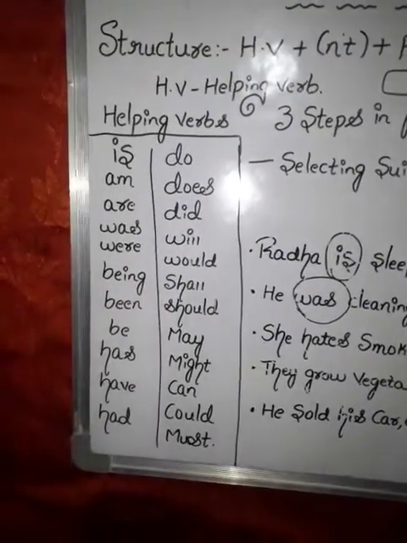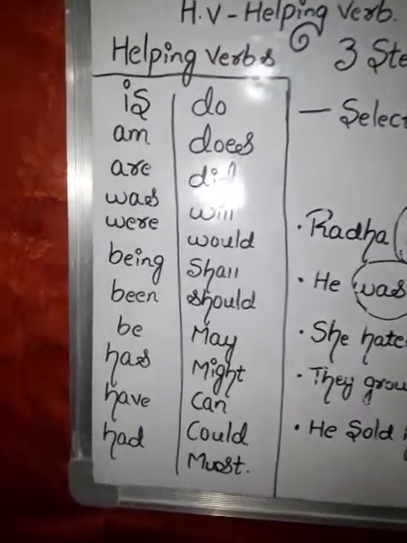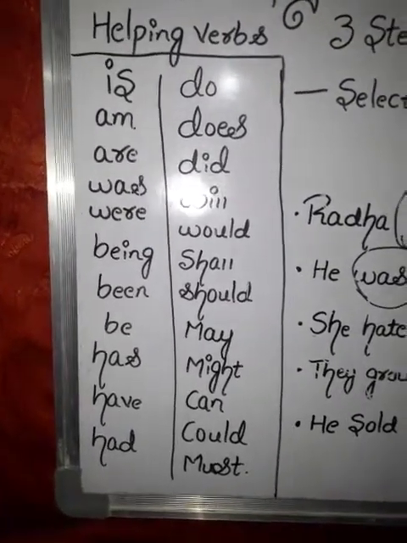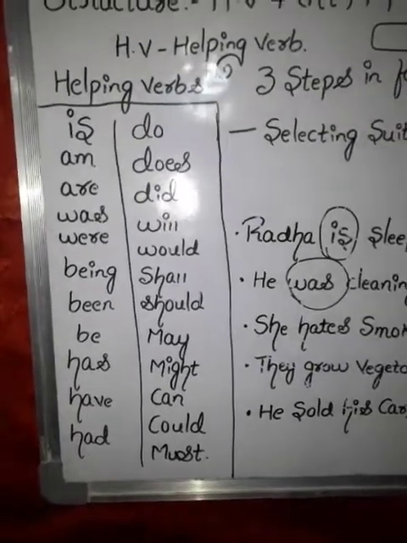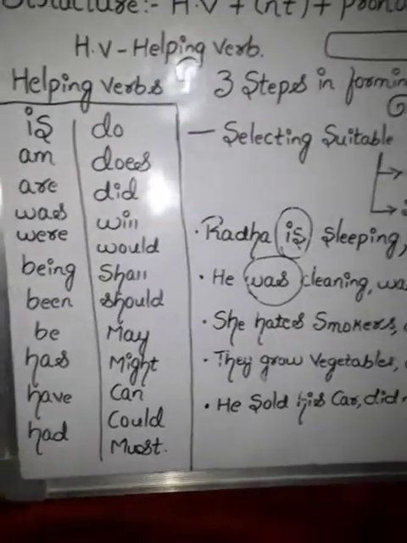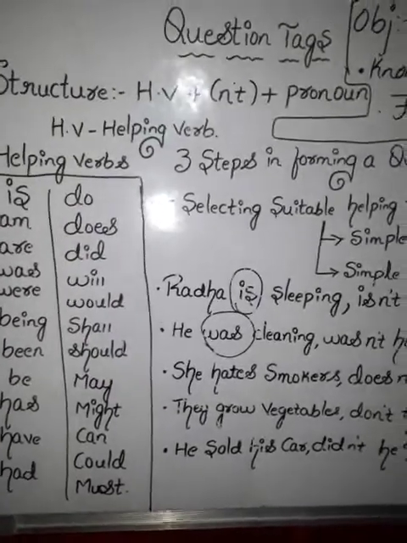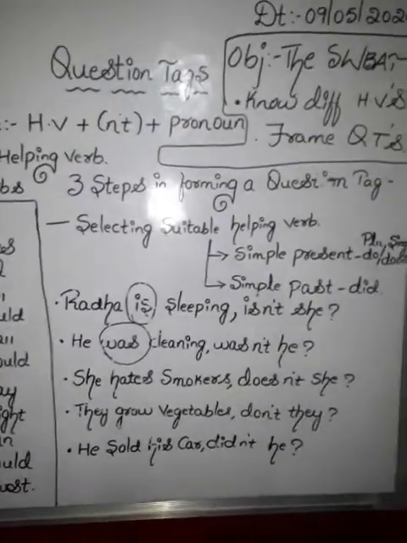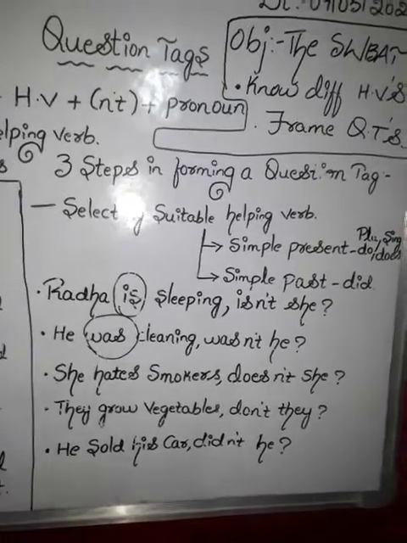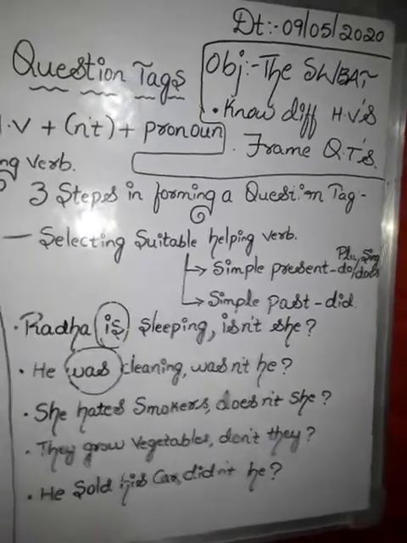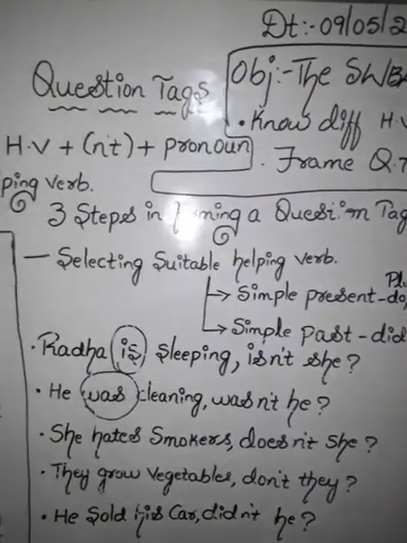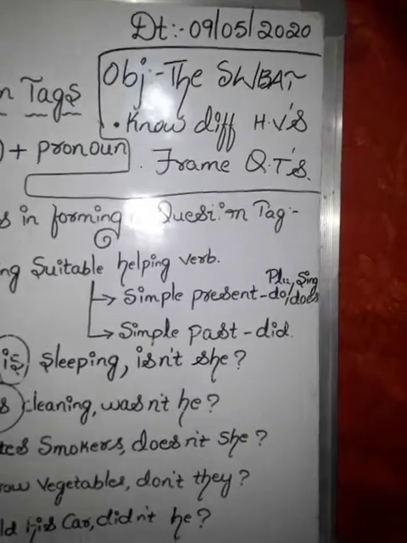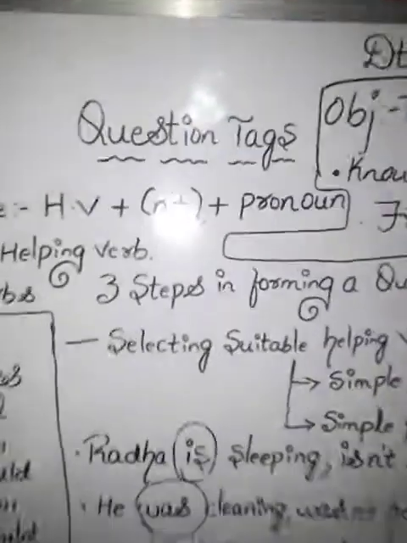Question tags play an important role in communication and perform different functions. They are used as a tool to soften an order to do anything, or as a more polite way to do something.